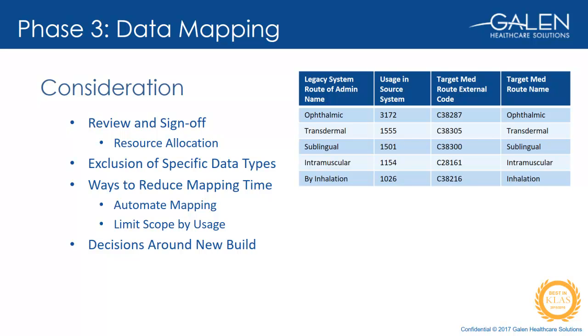Mapping is probably one of the most time-consuming tasks within the migration. Some organizations may have thousands of results, medications, and problems that need to be mapped. One thing the clinical and technical analyst can help with is to find ways to automate these mappings. We can often use universal IDs or patterns within the data to help automate the mapping, such as using RxNorm codes for medications and allergies, or ICD-9 and 10 codes to help map problems.